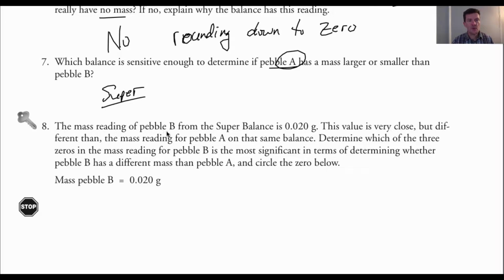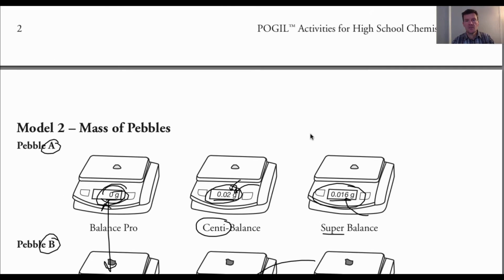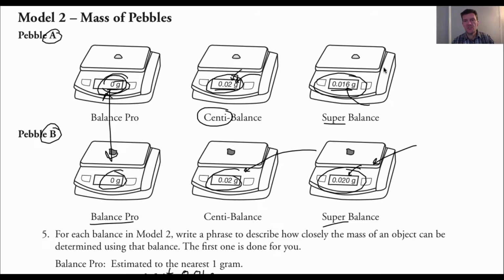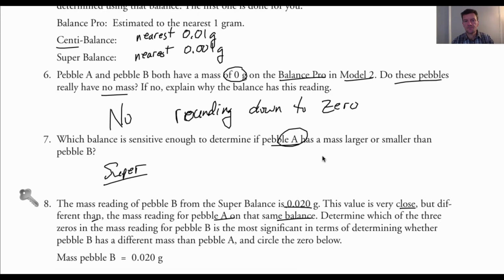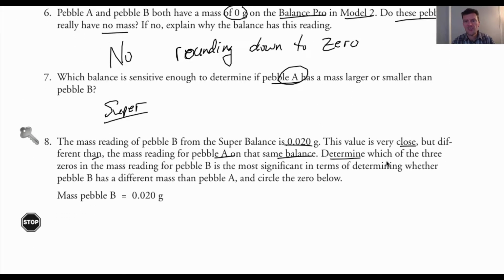The mass reading of Pebble B from the super balance is right there, 0.020. This value is very close, but different than the mass reading for Pebble A on that same balance. 0.020 compared to 0.016. Determine which of the 3 zeros in the mass reading for Pebble B is the most significant in terms of determining whether Pebble B has a different mass than Pebble A, and circle the 0 below.